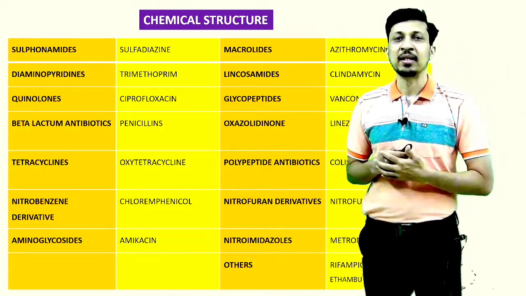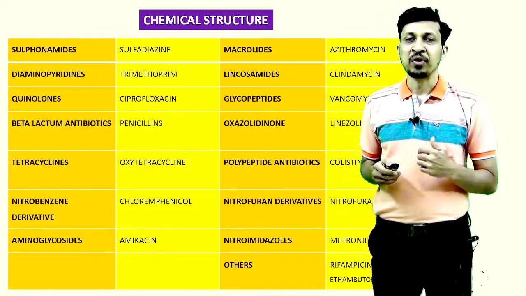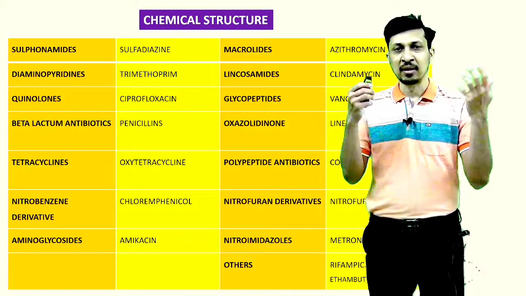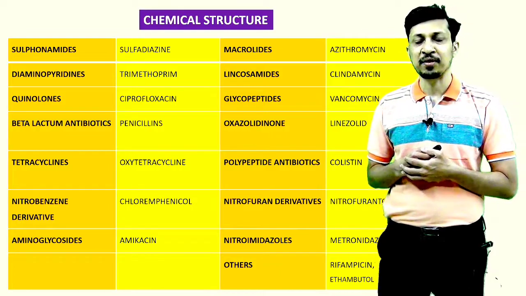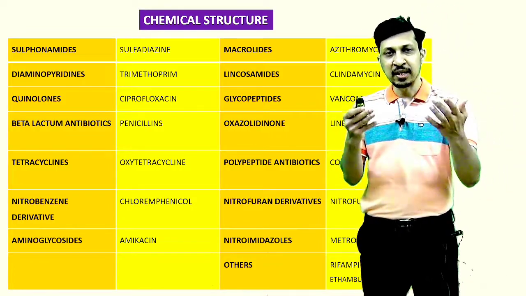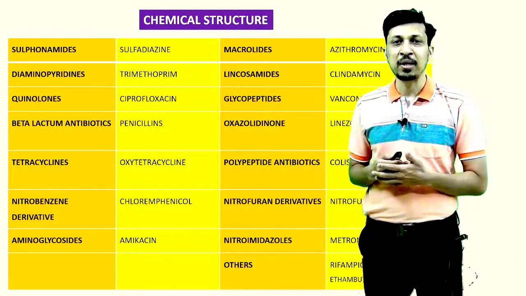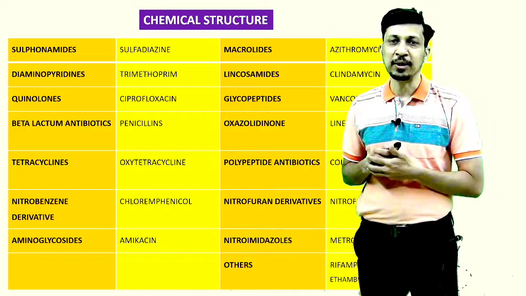On that basis the antibacterial drugs are classified in these groups. It's very difficult to remember all these chemical names, and you are not supposed to write this type of classification in the exam. But when we study the antibacterial drugs from our books in our syllabus, we study on the basis of this chemical structure only.